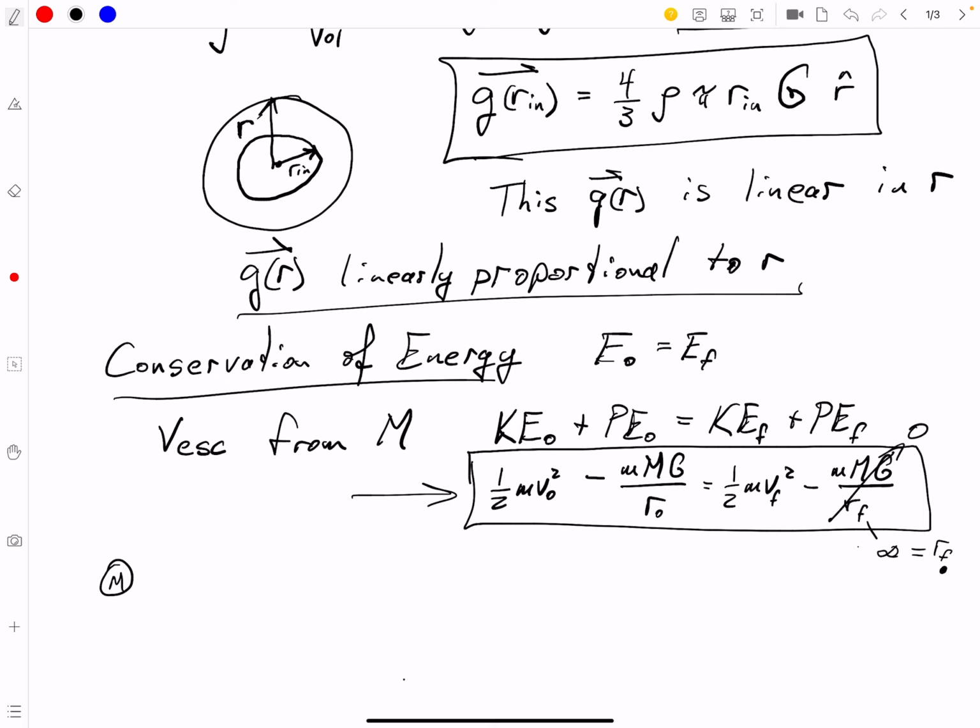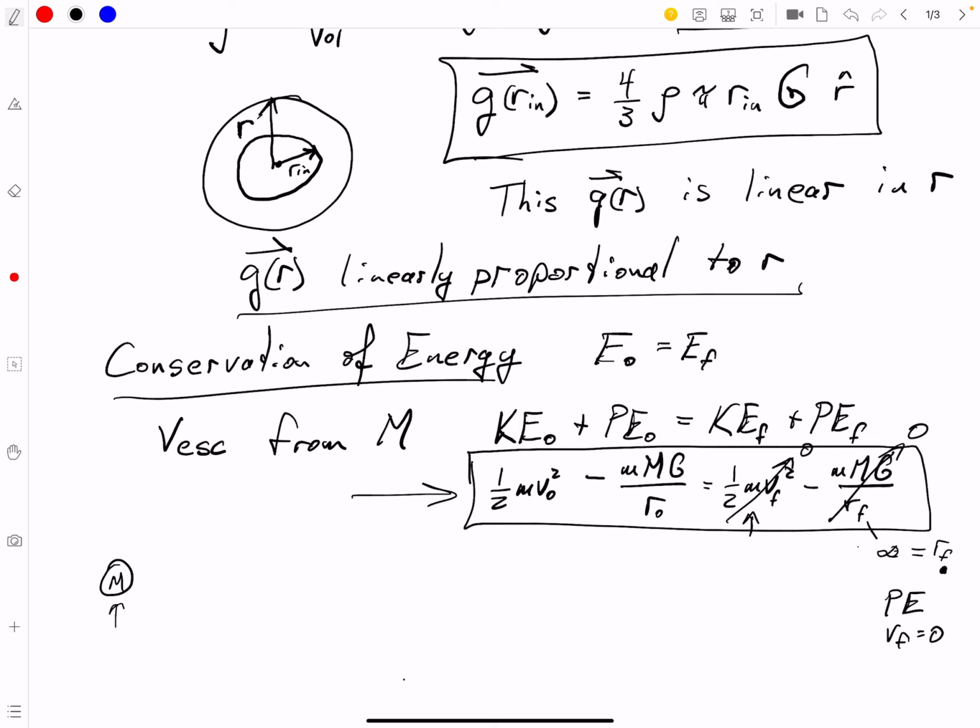When you're super far away from this planet, it's all potential energy, then v final equals 0, because there's no kinetic energy anymore, and our potential energy at infinity compared to this planet is 0.